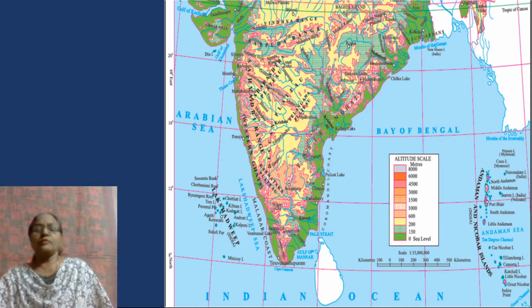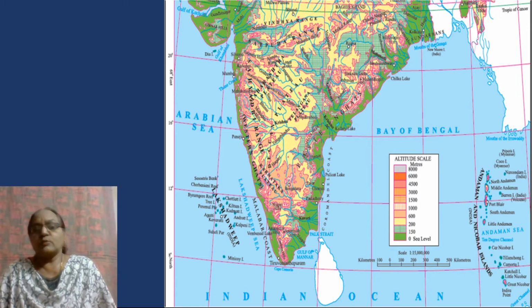Most of the rivers which rise in the Western Ghats, except for Narmada, Tapi, Periyar, etc., flow into the Bay of Bengal because of the tilt of the Deccan Plateau, and they have formed extensive deltas.